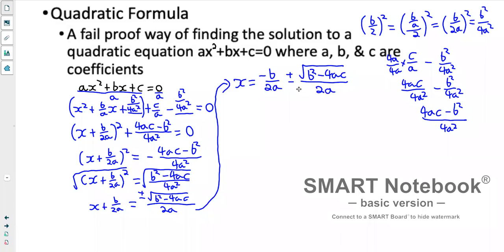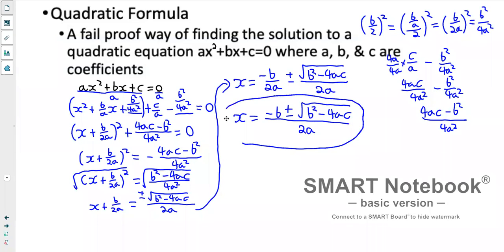You'll notice these have the same denominator, so we can combine it into a single term. And that gives us x is equal to negative b plus or minus the square root of b squared minus 4ac all divided by 2a. And this here is our quadratic formula.